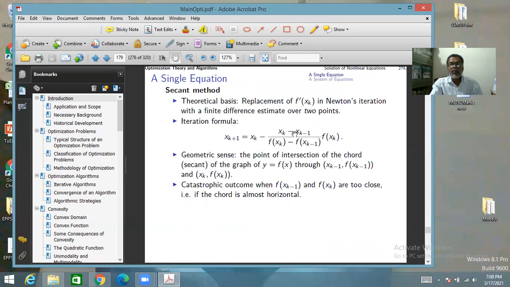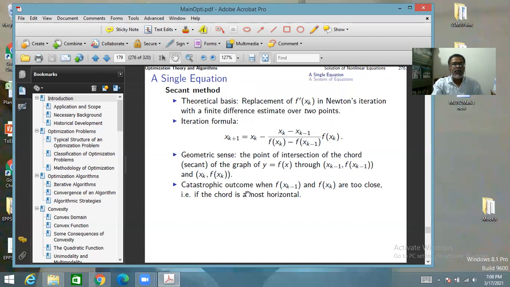Its geometric sense is basically to join a chord, meaning secant, between 2 points, k minus 1 and k, and wherever that chord cuts the x-axis, take that as the next iterate. Then out of the two old points, drop one of them, retain the other, and you have the new point. With these 2 points, you go to the next iteration.